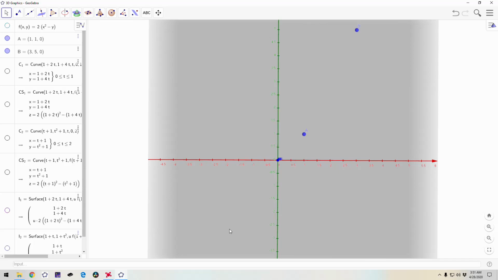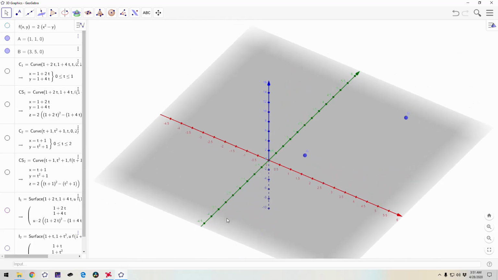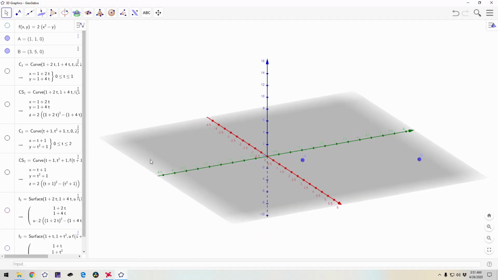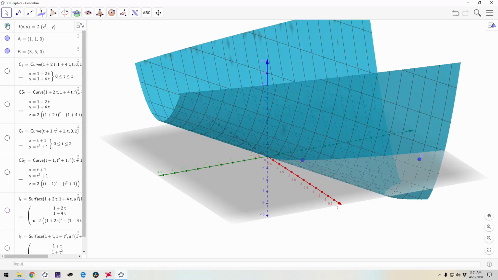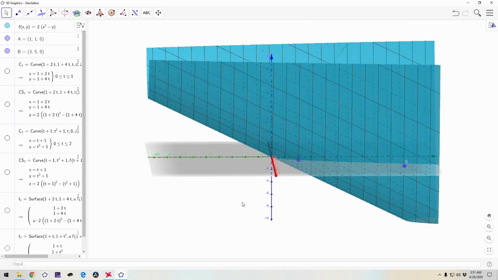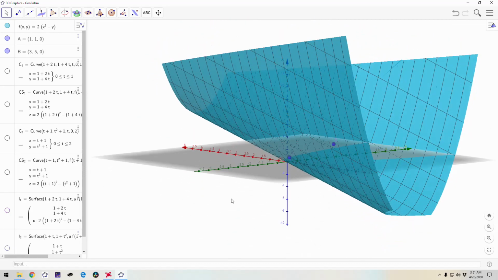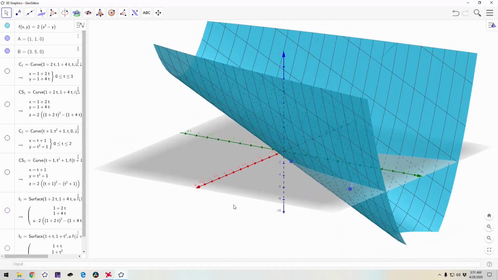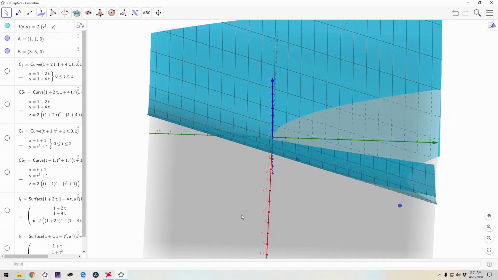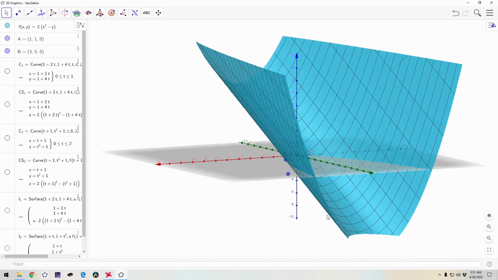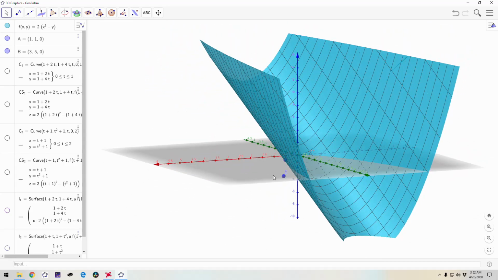So what I've also got for you to see now, those are in the domain. Here's the actual function. There's the parabolic cylinder we were looking at before. Take a look at where those dots are in relation to the function. They're underneath this side.